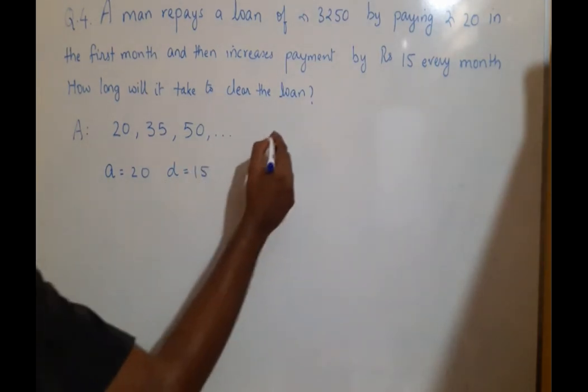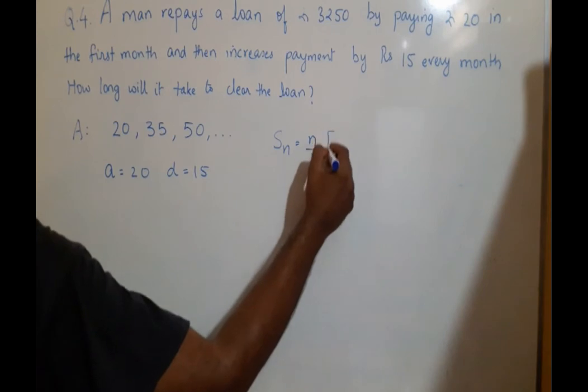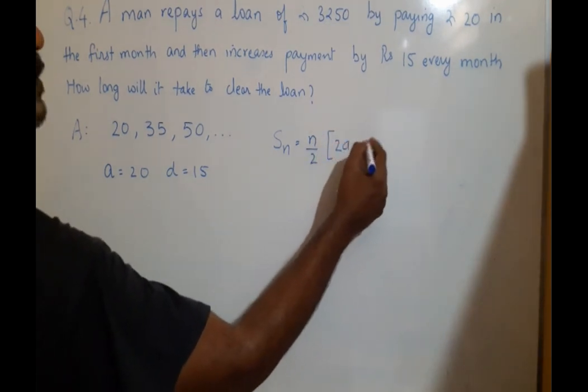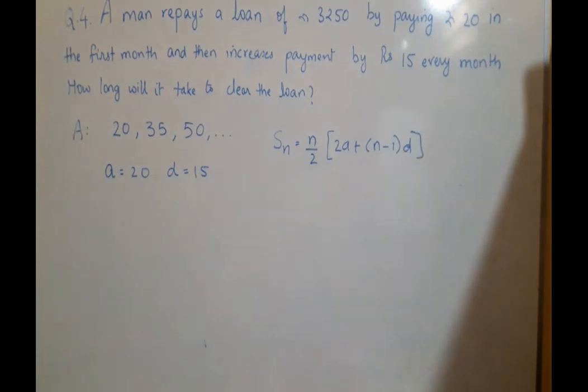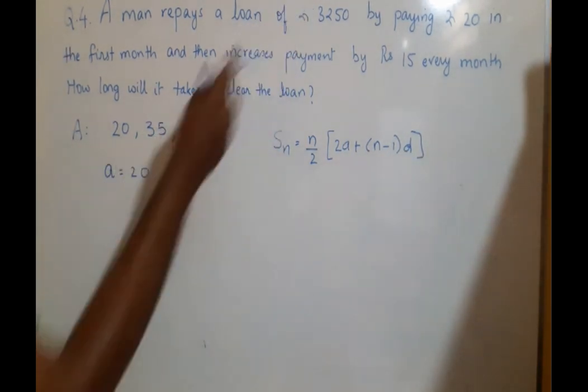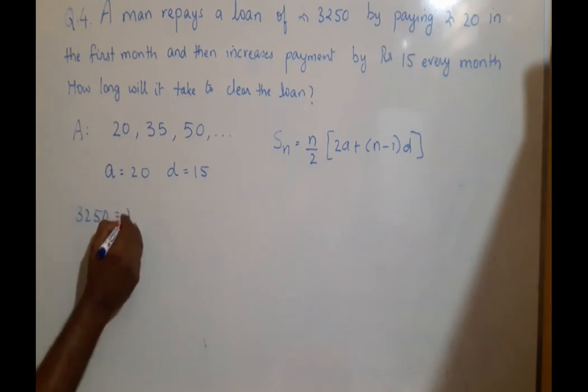So which formula will we use? Sn equal to n by 2 bracket 2a plus n minus 1 d. So using this formula, we have the sum as 3250, and we do not know n.